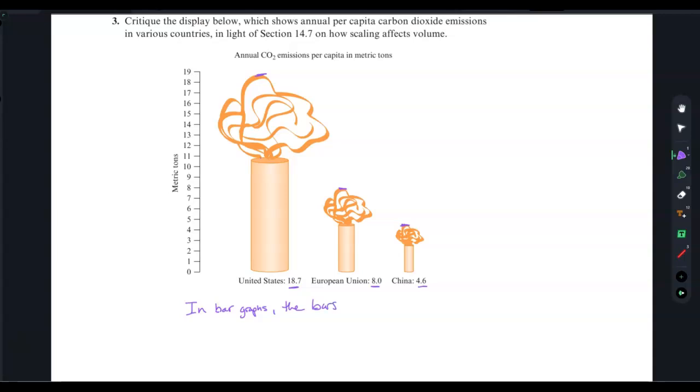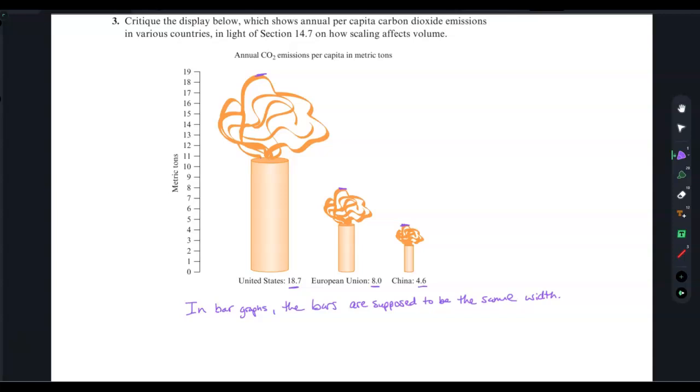I'm just going to say here, in bar graphs, the bars are supposed to be the same width. So maybe making these the same width, although that's going to give you a really skinny smokestack, or maybe just use bars.